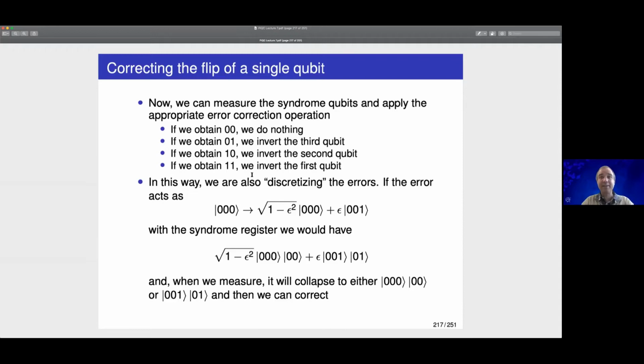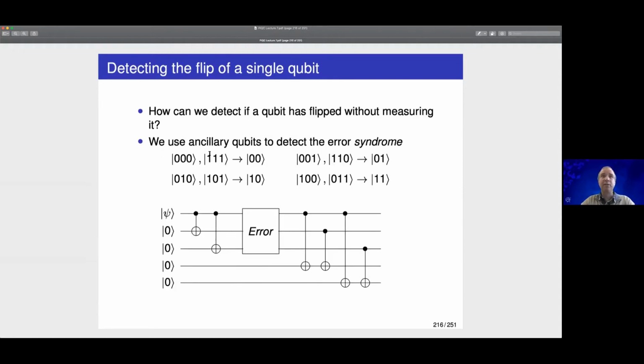In fact, this is doing even more, okay? Because, well, you may think this only works if exactly one of the qubits changes from 0 to 1 or 1 to 0. But what happens if instead of a rotation of pi degrees, what the error is doing is a slight rotation that changes the 0 a little bit towards 1, but not completely towards 1, okay?